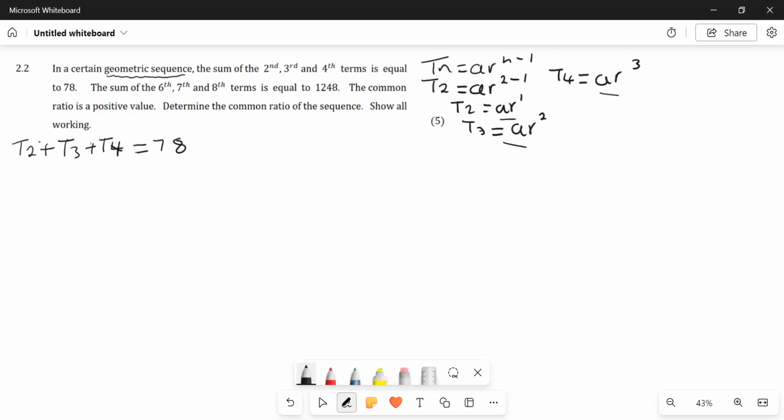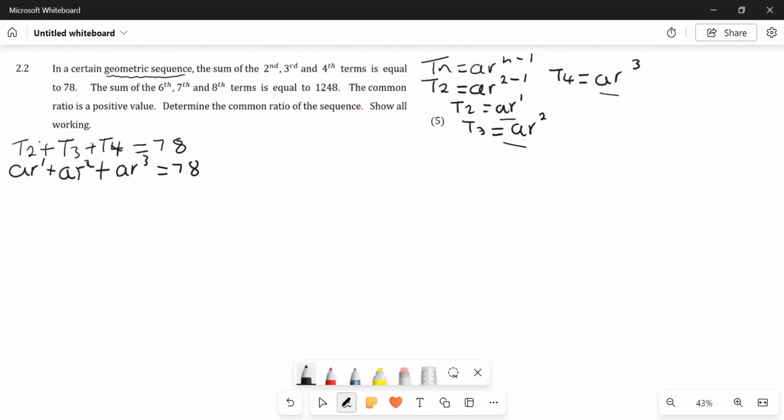So we have t2 as a r to the power 1, plus t3 is a r squared, plus t4 is a r cubed, which is equal to 78. I hope we are still following.